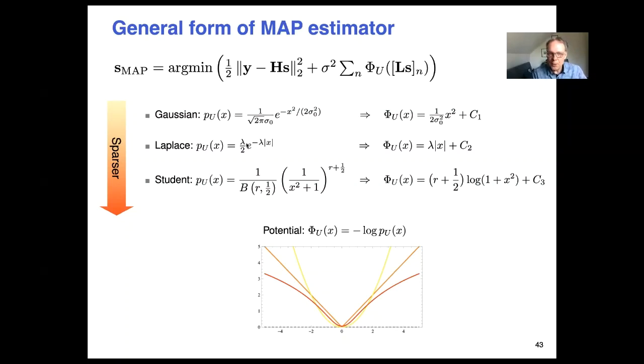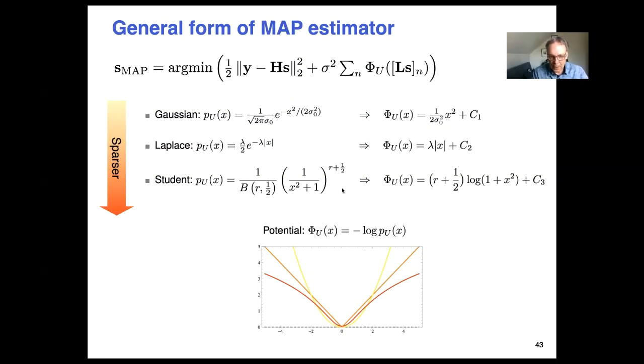Now, if for this P(U), for example, we put a Laplace distribution, and by the way, Laplace is exactly part of the family of infinitely divisible laws, then what we get is this absolute value.